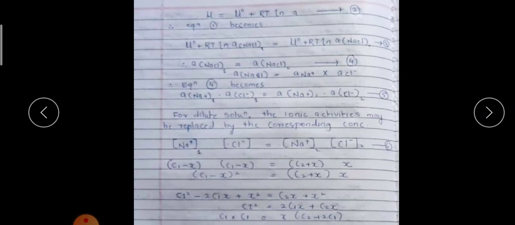Therefore, [Na+]1 is C1 minus X, [Cl-]1 is C1 minus X, equal to [Na+]2 which is C2 plus X, times [Cl-]2 which is X. It will give (C1 minus X) squared equals (C2 plus X) times X.